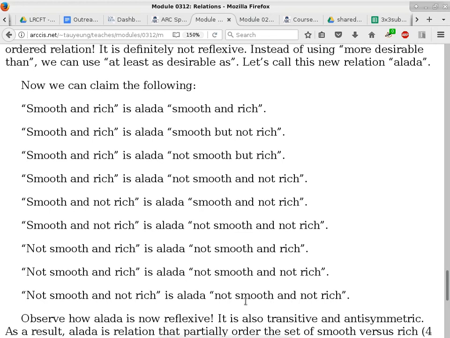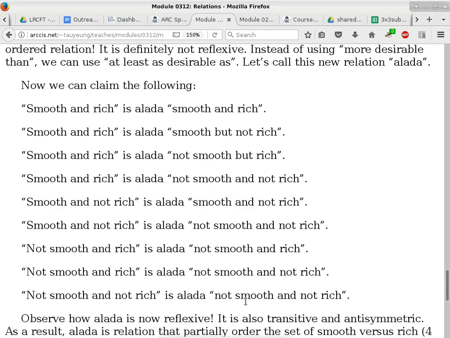Remember what transitive is? Okay. Which item or items serve as link elements? In other words, it is the second item of one relation, but it's the first item of yet another relation. Smooth but not rich is one. Not smooth but rich, they are both link elements. So now we have to figure out, is this relation transitive?